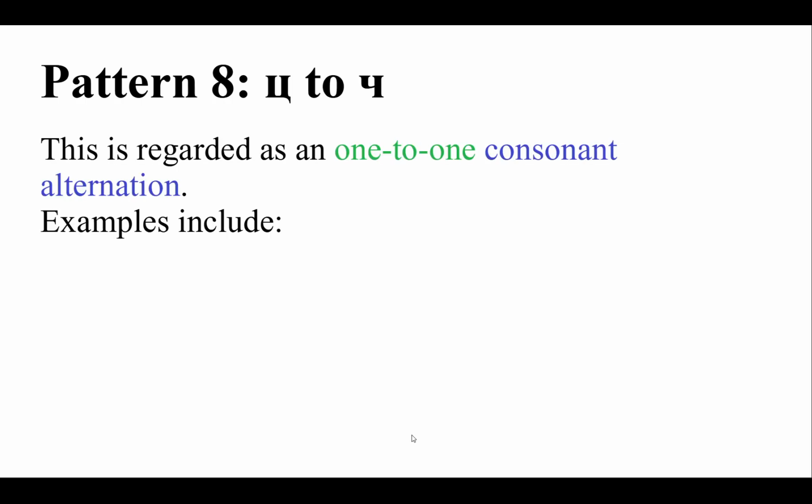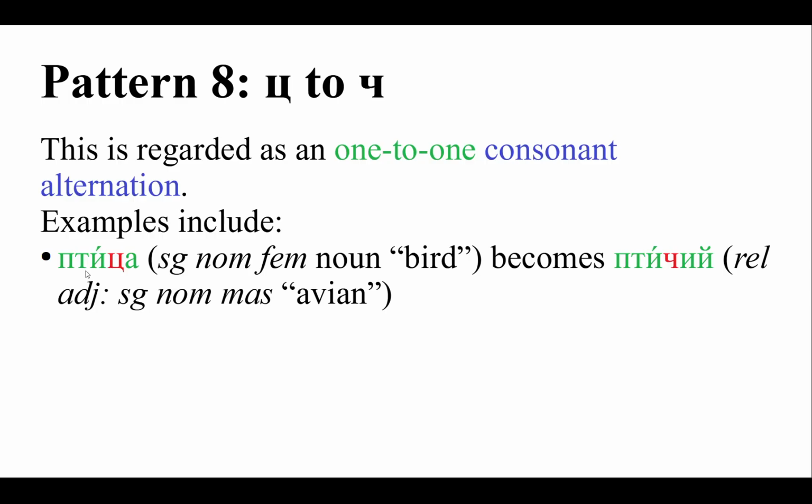Pattern 8. Ц to ч. One to one again, and then examples. Птица, singular nominative feminine noun, bird, becomes птичий. Птичий is a relative adjective, singular nominative masculine, for avian or bird-related stuff, because avian is again a Latin borrowing to English for birds.